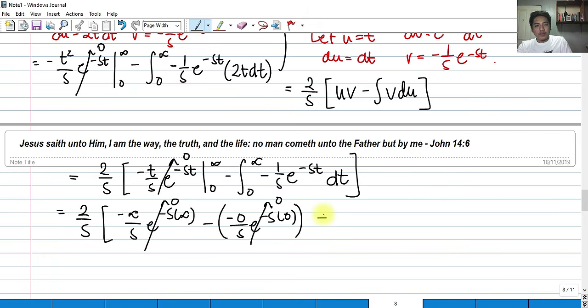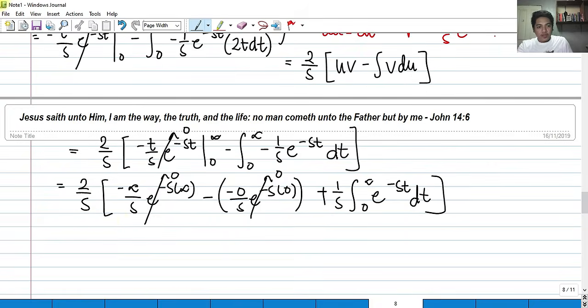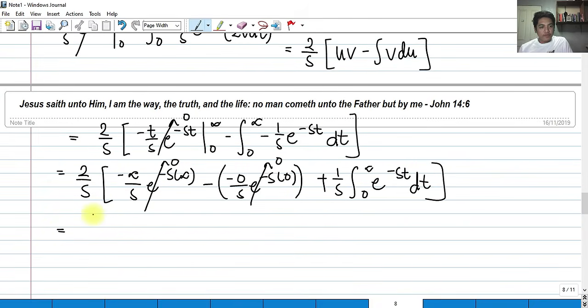That is minus, I can factor out negative 1 over s. If I factor out negative 1 over s, we have a negative 1 over s here, that is minus sign, so this would become plus 1 over s integral from 0 to infinity of e raised to negative st dt. So again, to simplify, we have 2 over s, this is 0, so multiplied by 1 over s integral from 0 to infinity of e raised to negative st dt.